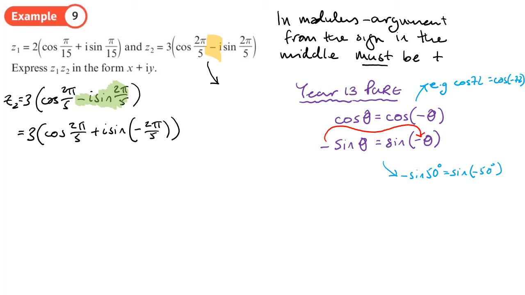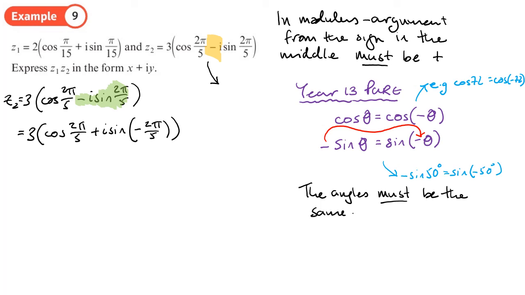But there's another problem. The angles inside the brackets must be the same. One's a negative and one's a positive. So let's write that down here. The angles must be the same. We can't have a positive one and a negative one. It doesn't work.